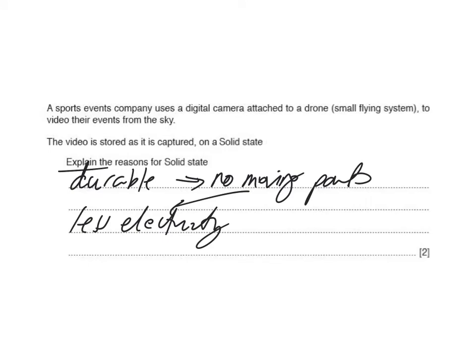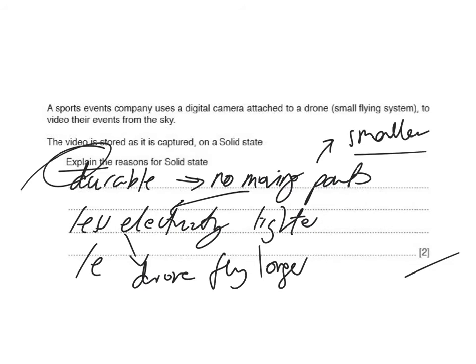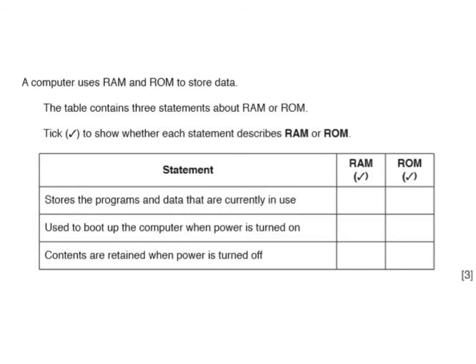It's going to be lighter, so the drone can fly longer. It's smaller, so the drone can be smaller, uses less electricity and so on. Just make sure you explain the choices there and give clear examples.